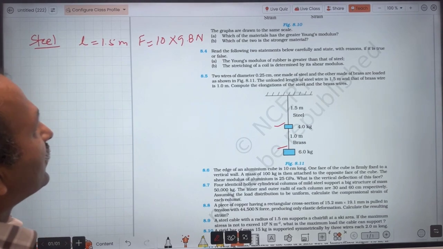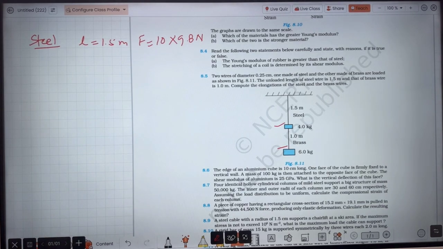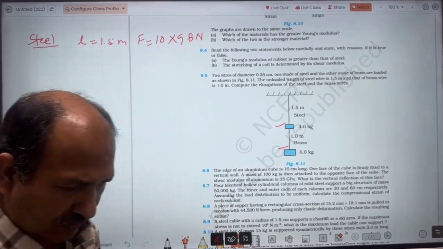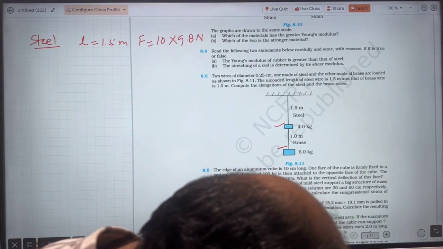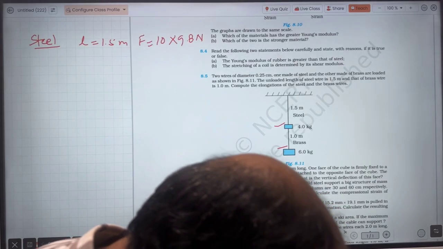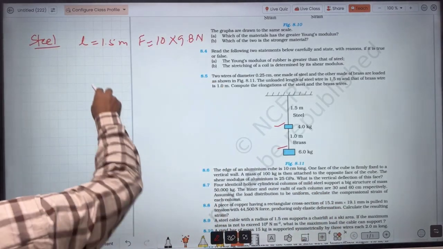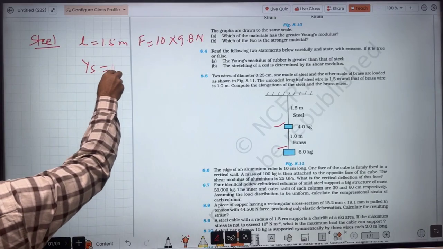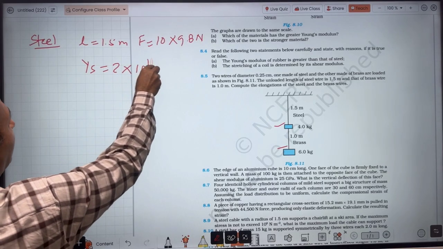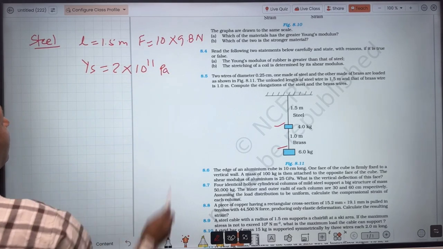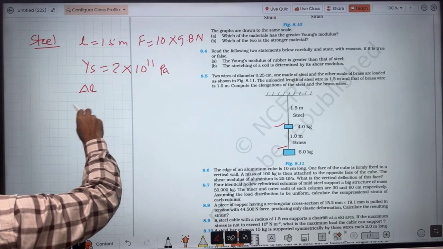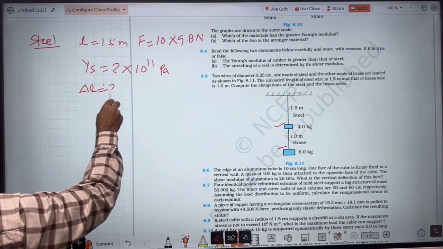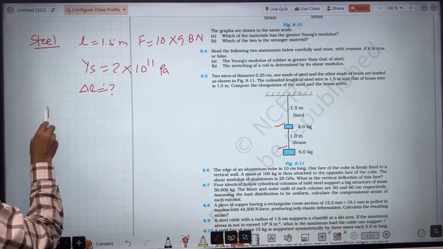And here we also need Young's modulus of steel. So it is 2 into 10 to the power 11 Pascal. So Y steel is 2 into 10 to the power 11 Pascal. Now we have to find out delta L. So we can evaluate. Apply the formula.